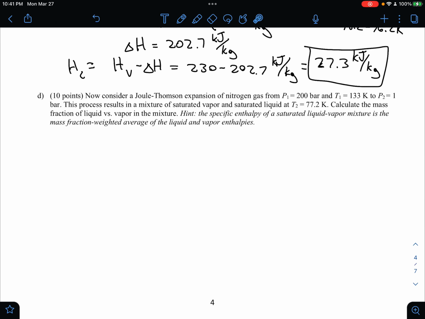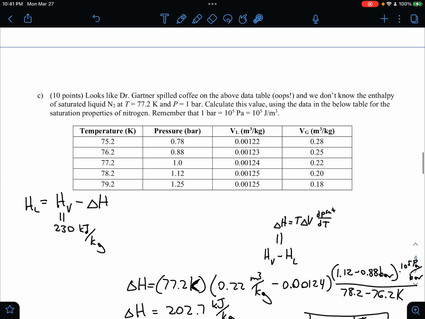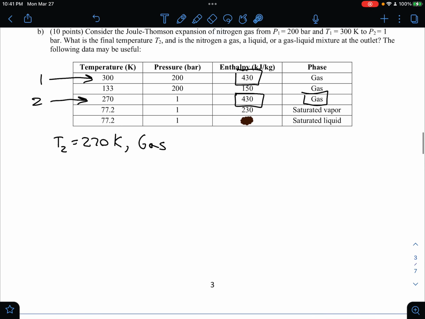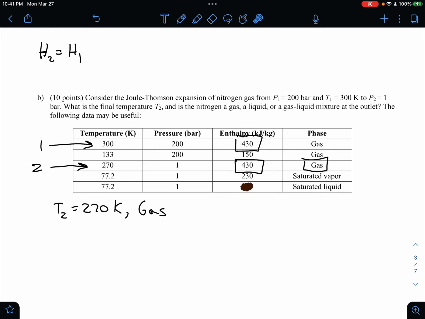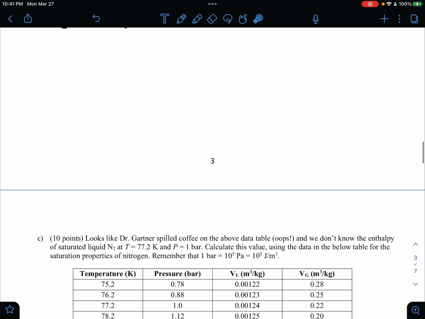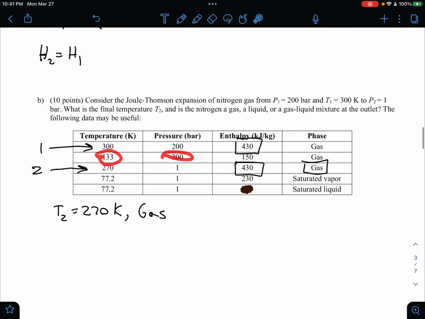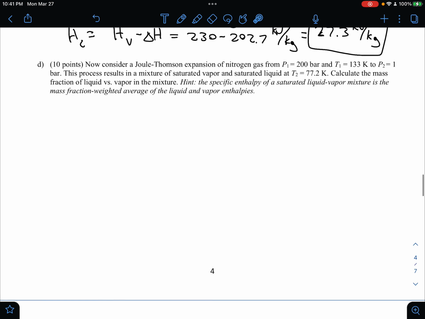So now consider Joule-Thomson expansion, 200 bar, T equals 133 K, to 1 bar. Hopefully we have the data for that. Yes, 133 is here in the table, and so is 200 bar.